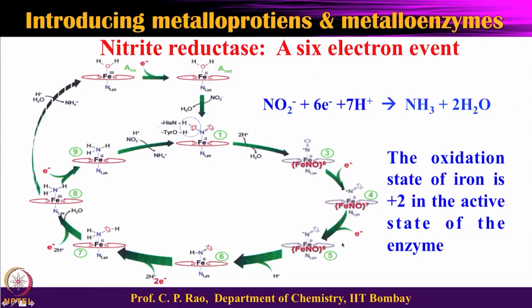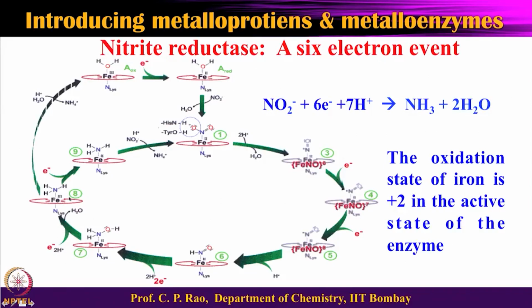Then one more electron will add to this, making it further reduced, and at this stage the protonation takes place. Then two more electrons will add, and the protonation will take place, and at this stage you have the third protonation. The water will obviously go out because of these 2 protons and electrons, so these 2 protons and electrons you require.